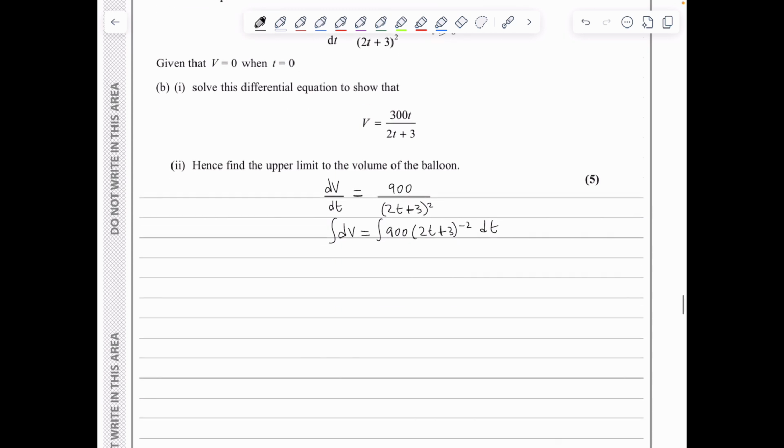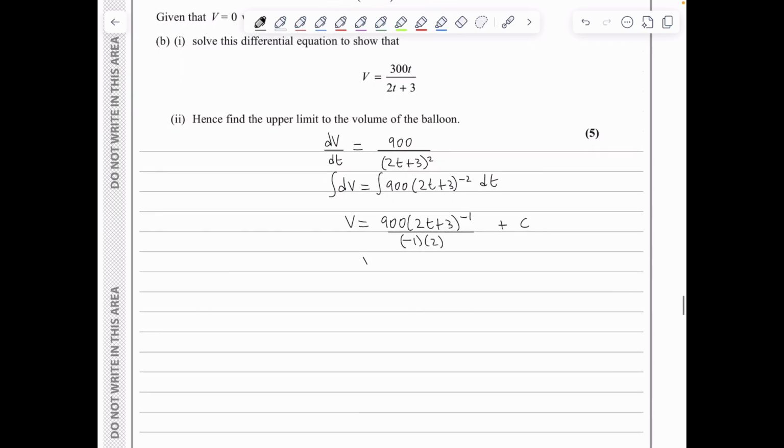Well, the integral of dV here simply means the integral of 1 times dV, and the integral of 1 with respect to V is simply V. And on the right-hand side, we've got 900 times (2t + 3) to the power -2. I increase the power by 1, divide by the new power, and divide also by the derivative of the bracket, plus a constant of integration.